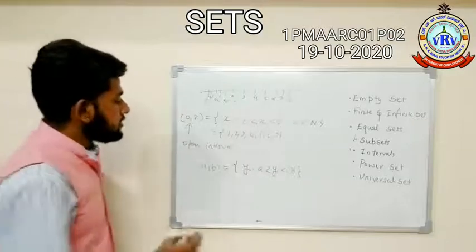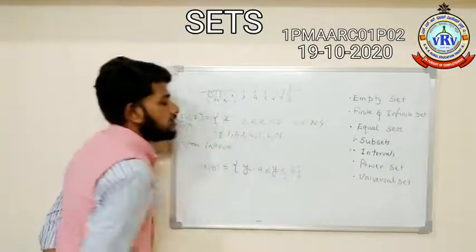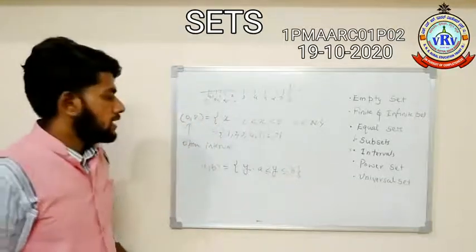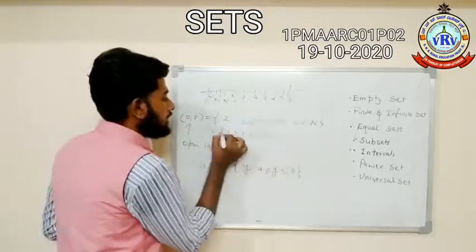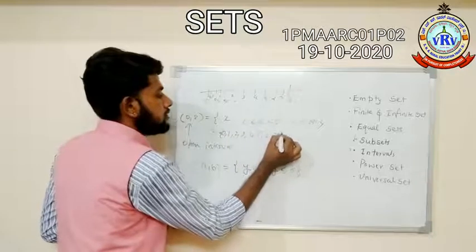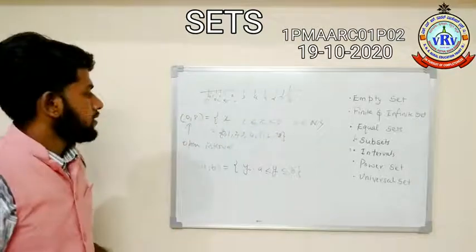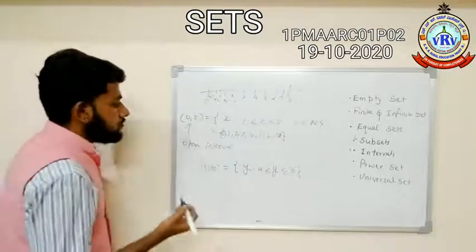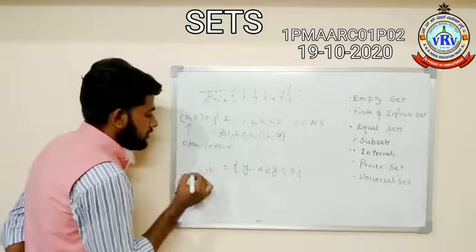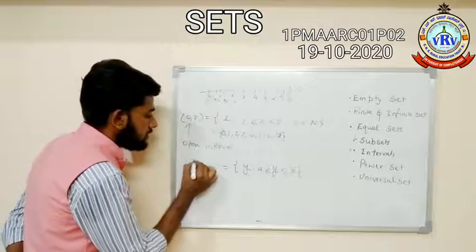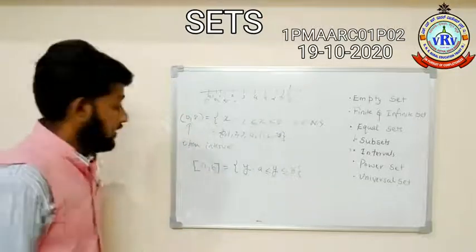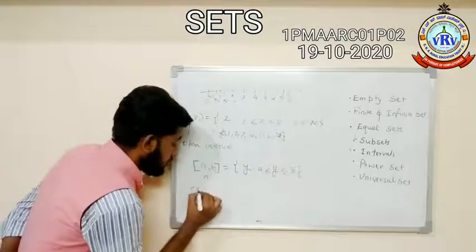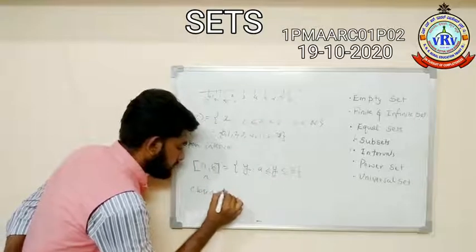If you consider the end points also, let me take 0 also, which is included, and 8 also included in this interval. Then we write this interval using the square bracket, and it is nothing but a closed interval.